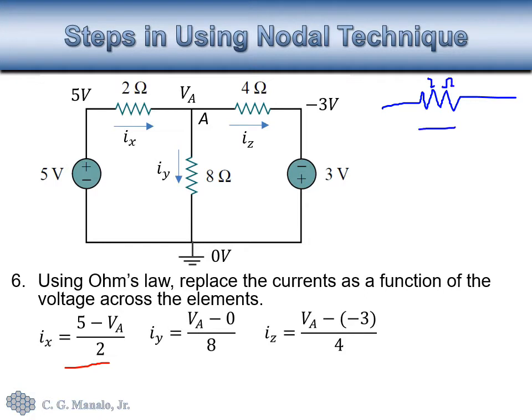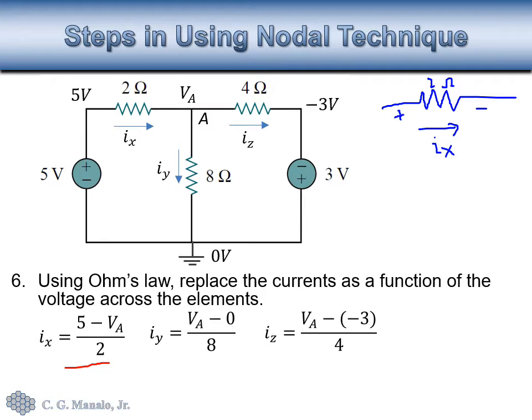So we said that the current here is I sub x. Since current is flowing through the 2 ohms, that means there is a voltage there. And that voltage is such that the plus is in here and the minus is in there.